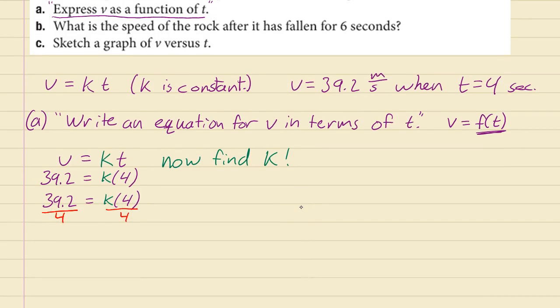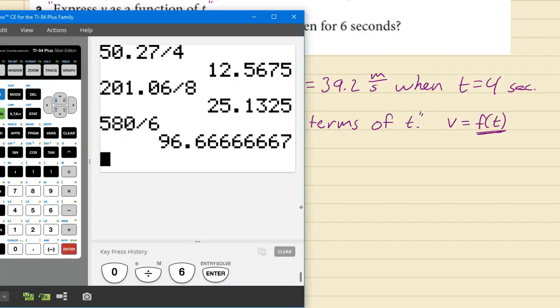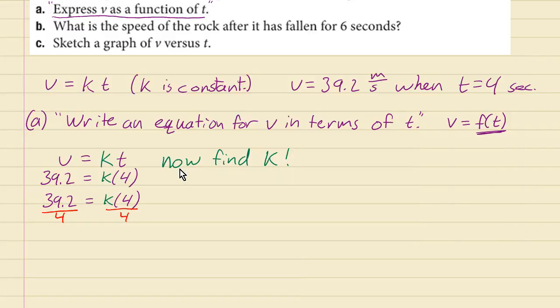And then let's see, what is 39.2 divided by 4? It's 9.8, so we can say that 9.8 is k. So now we can actually write the formula where you can just plug in t and it will tell you what v is.